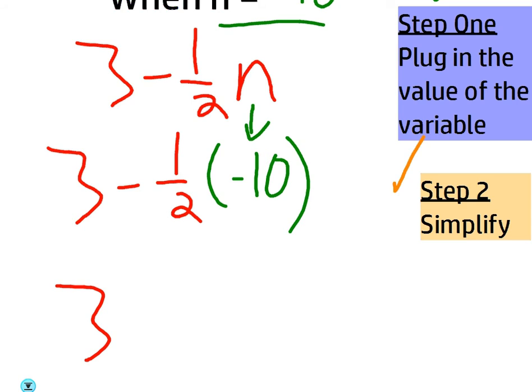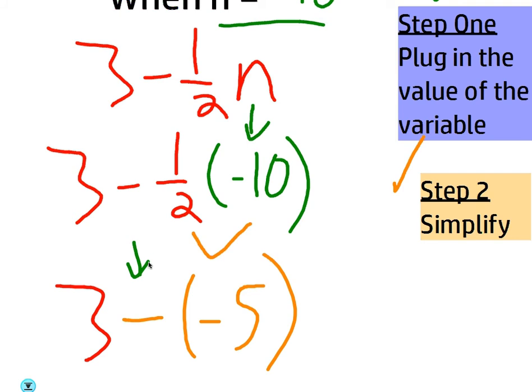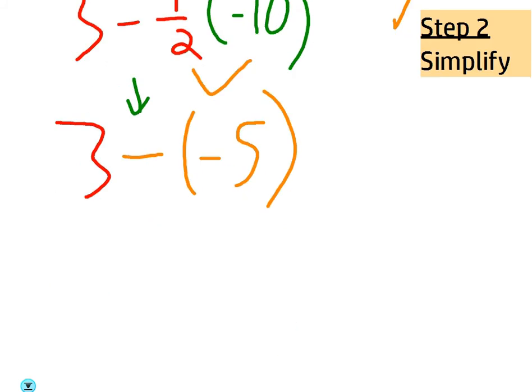Yeah. 1/2 times -10 is -5. So we just multiplied, right? Multiply the 1/2 times the -10. Now we will subtract. But we are subtracting a negative. So therefore it becomes 3 plus 5, which is 8. Great.